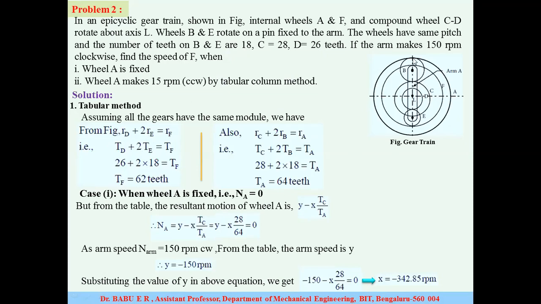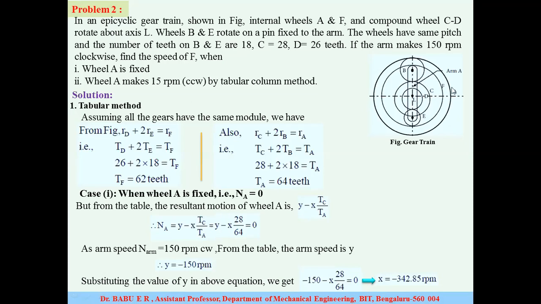Similarly, you have to find out the number of teeth on A. When you see this diagram, check from the center the distance to this tip end. So it is RA. This RA we can write as RC plus RB plus RB: from here to here it is RB, here to here it is RB, here to here it is RC.